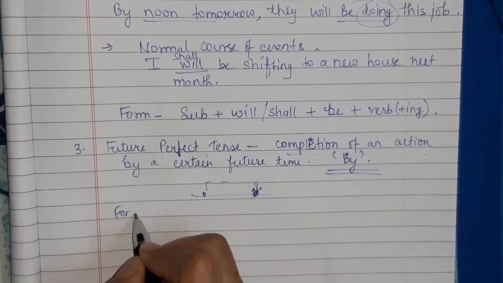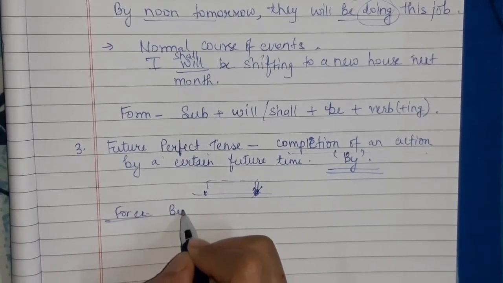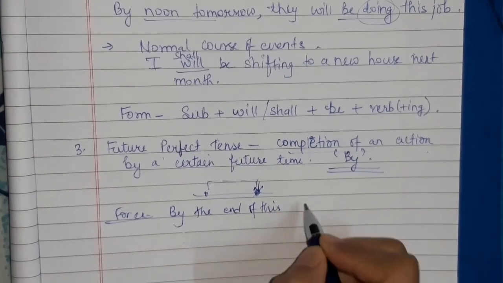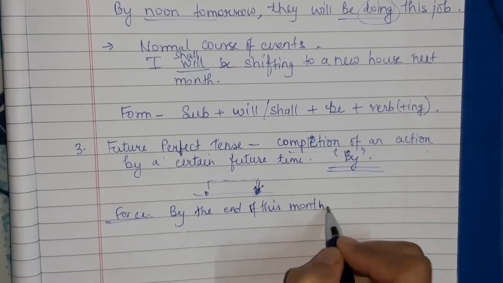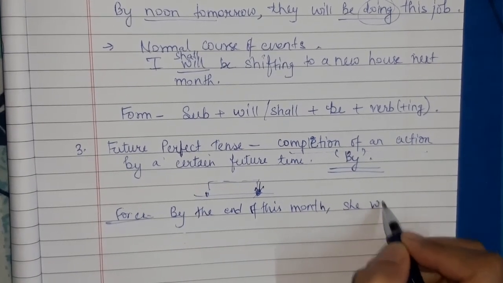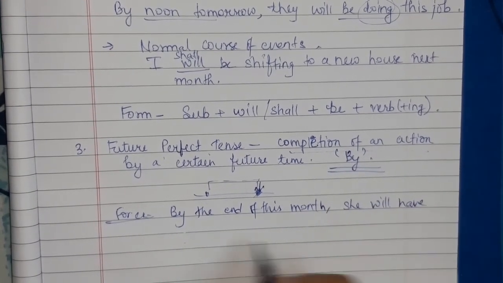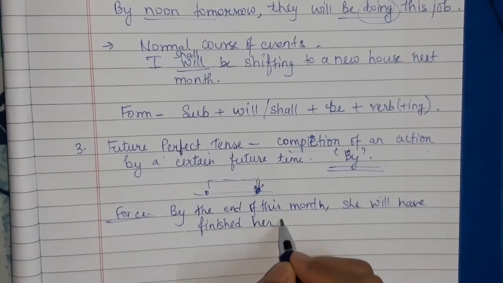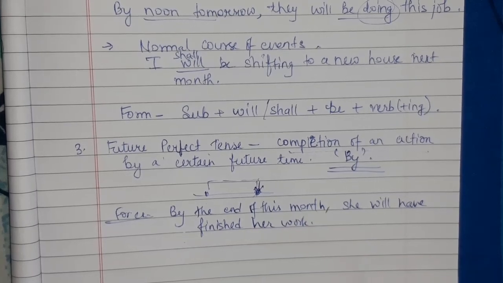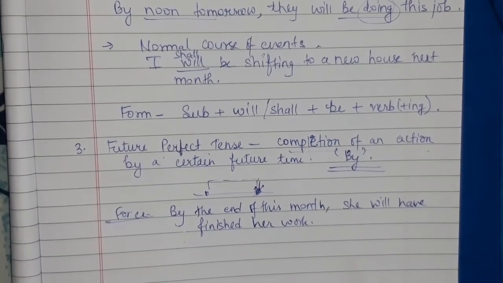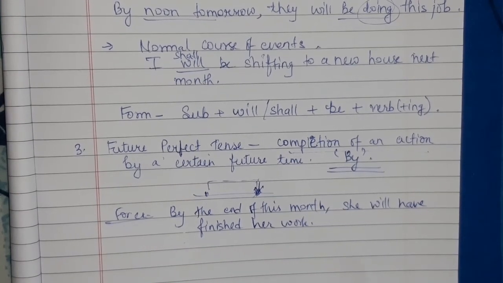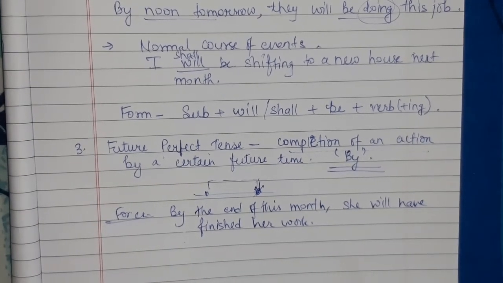For example, by the end of this month she will have finished her work. Now, the end of this month you can count from the date 25 or 20 to 30 of any month, right?